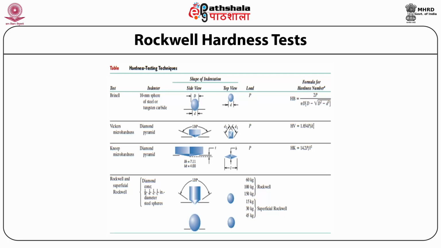The various shapes of indentations are shown in this table according to the side view or the top view. Then the formula for hardness number is also different for the different tests. So we have a complete compact compilation of the different hardness testing techniques along with the shape of indentation, indenter, load and the formula for hardness number.